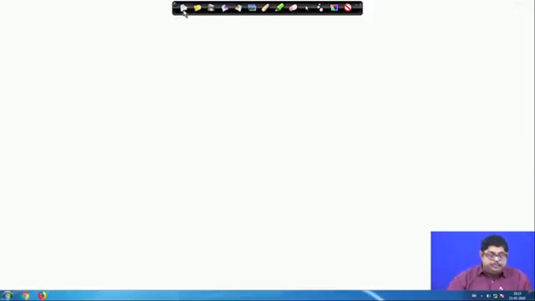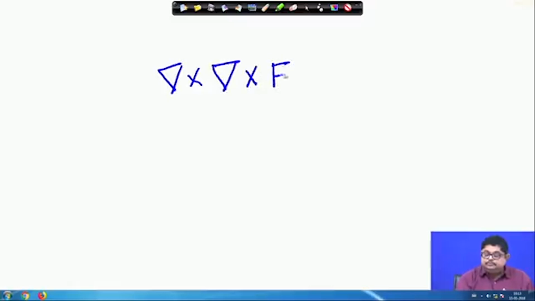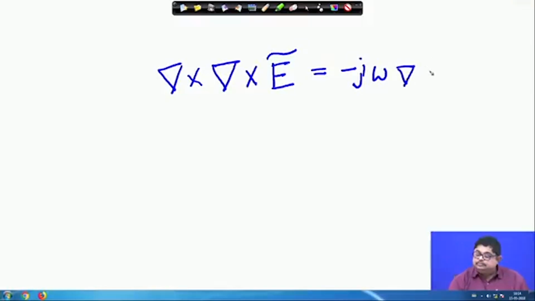So, that we do by taking the curl of the first equation, and then we get, so that will be, okay, and here we can put the constitutive relation.